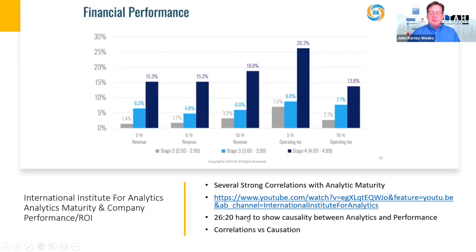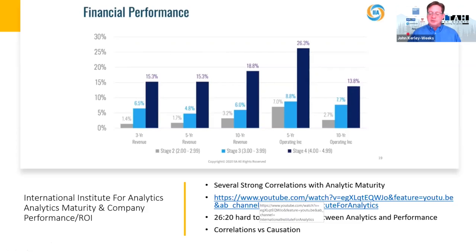And if you want to look at the details regarding the strong correlations they were able to identify, I'd advise you to take a look at the video. Go ahead and jump over to 26 minutes and watch from that section on. The rest of the video is quite good.